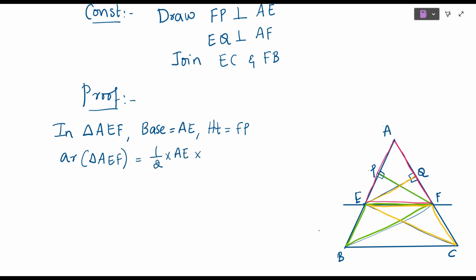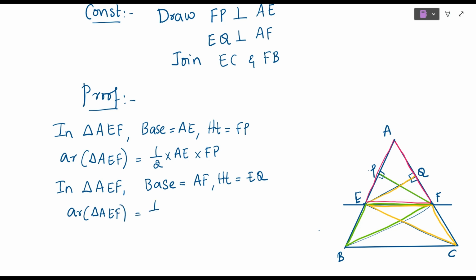Half into AE into FP. Understood? Now in the same triangle, I am going to take base as AF. What will be the height? The height will be EQ. Now what will be the area of triangle AEF? It is equal to half into AF into EQ.